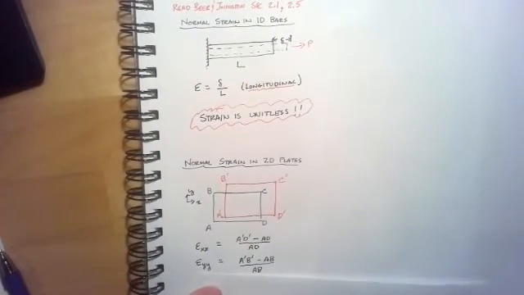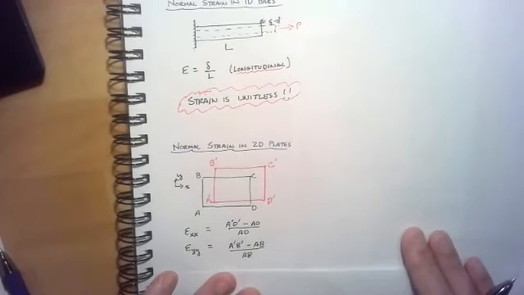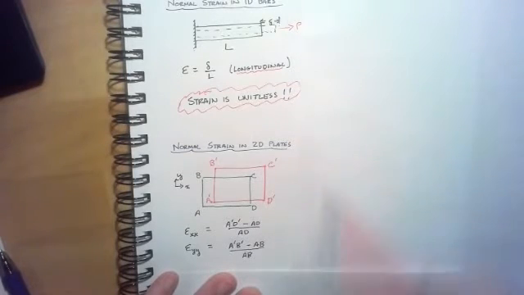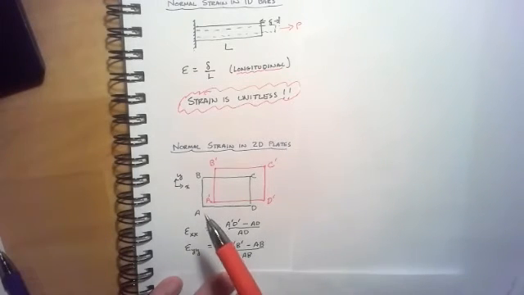Now let's talk about normal strain in 2D, in multiple dimensions. This is going to tie to section 2.5 in Beer and Johnston. But let's just consider a rectangle that is undergoing deformation.